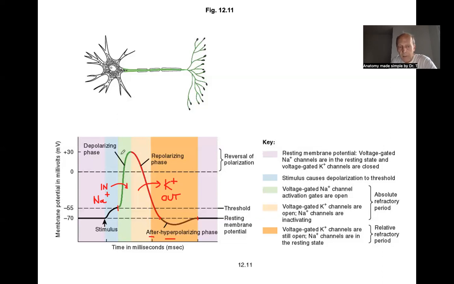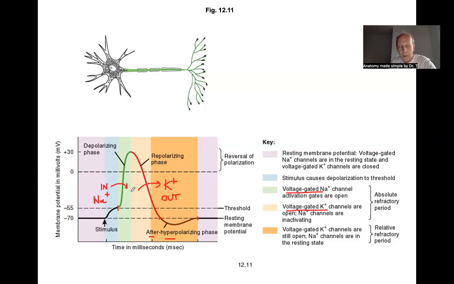The green colored part of this diagram, referring to depolarization, confirms what I tried to already introduce. It's the voltage-gated sodium channels that become open, and this cell very quickly changes its membrane potential, going all the way up to +30. But when it enters the repolarization phase, it is voltage-gated potassium channels that are open while sodium channels are inactivated.